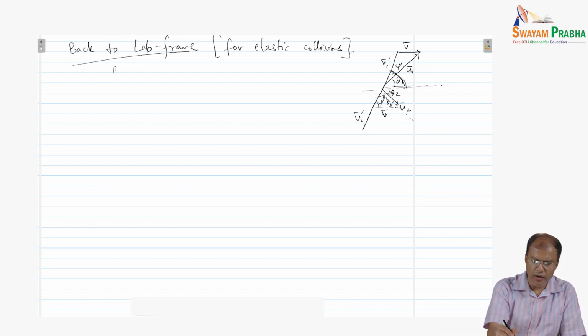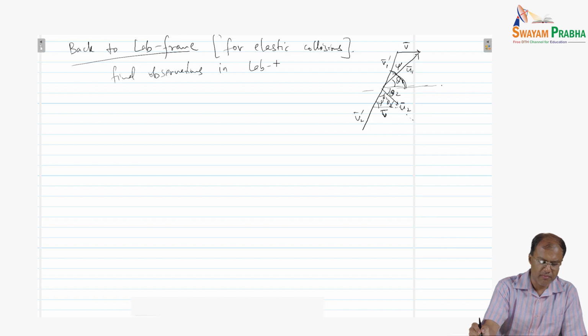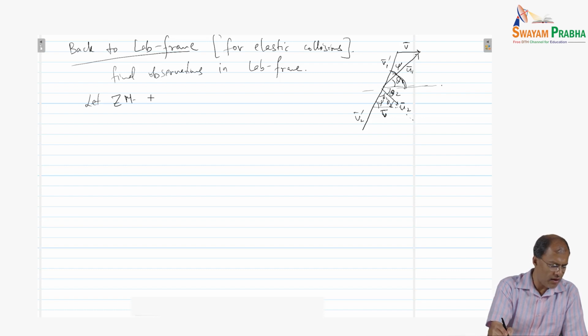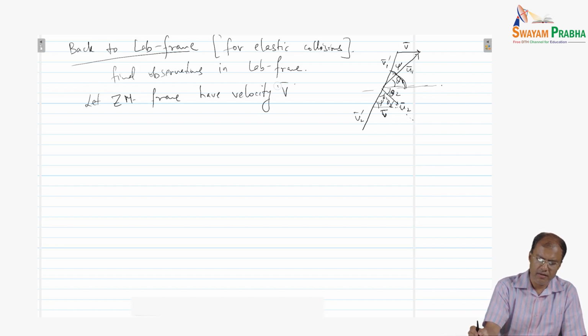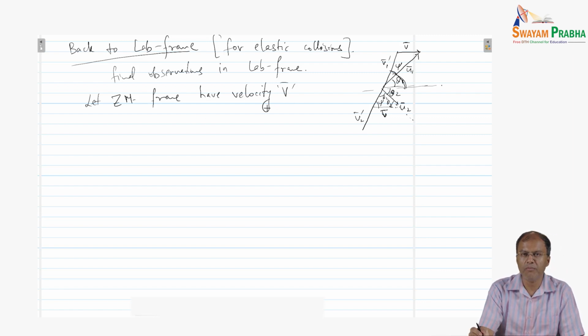So final observations in lab frame. Let the zero momentum frame have the velocity v. The zero momentum frame, meaning the center of mass frame, has velocity v.